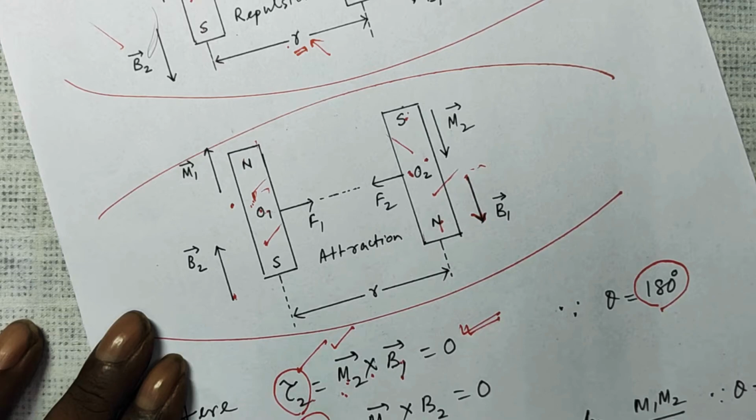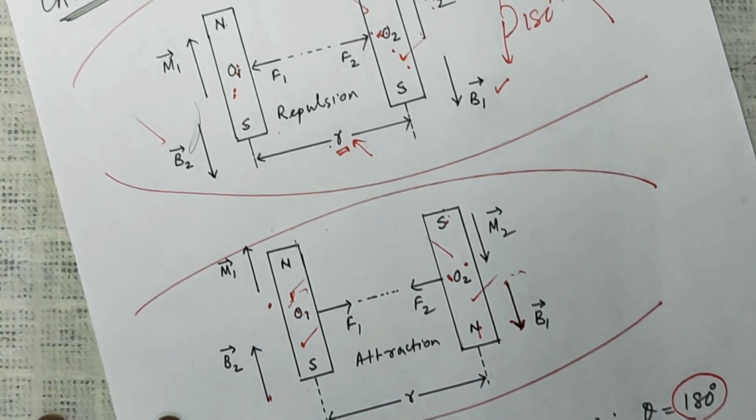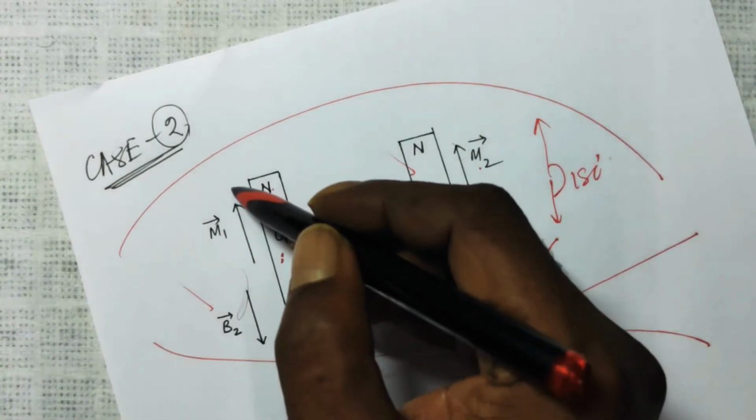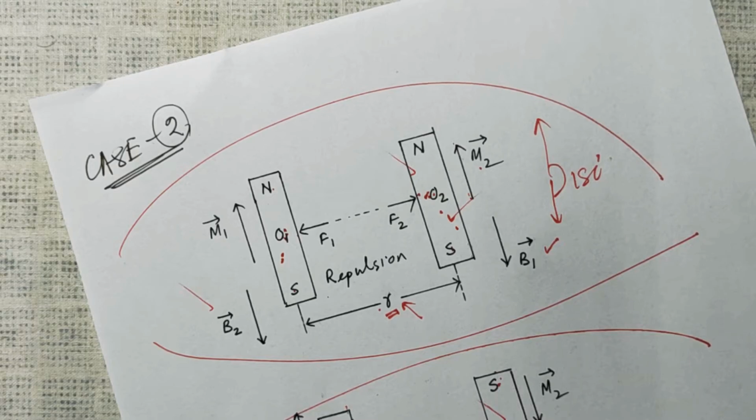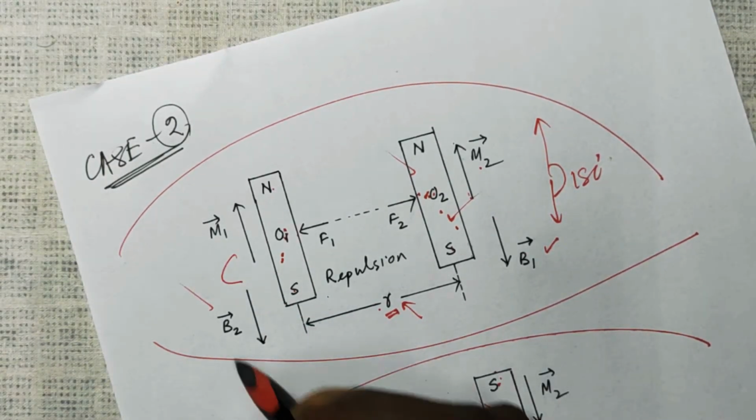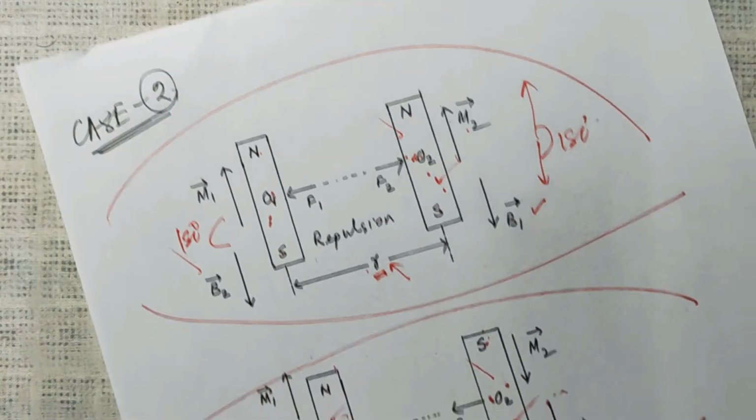Similarly, the torque experienced by the first magnet having magnetic moment M1 when kept in the magnetic field B2 of the second magnet. Now look at the direction of M1. M1 is to this side, B2 is to this side. So the angle between them is 180 degrees.